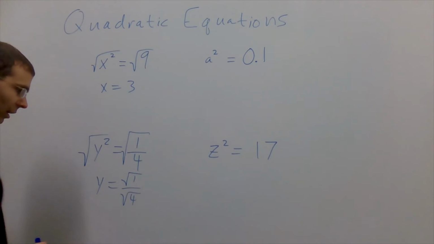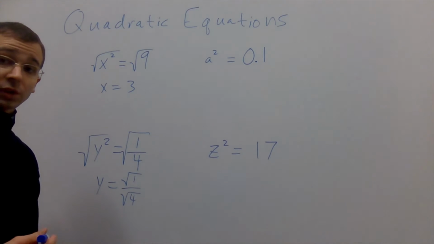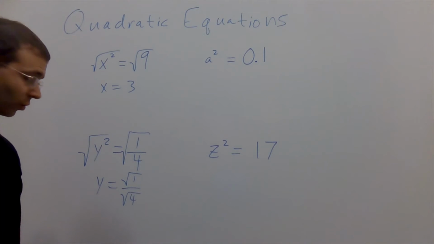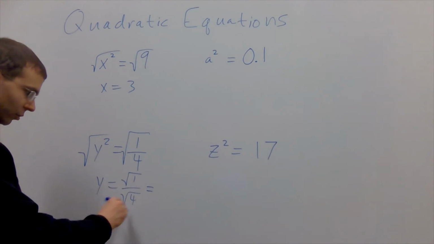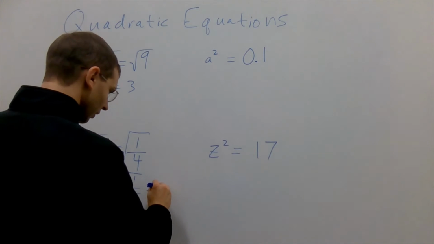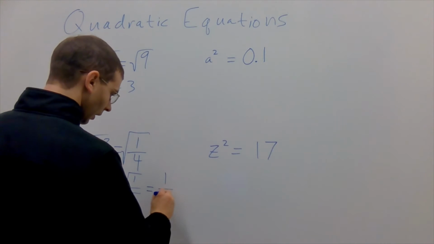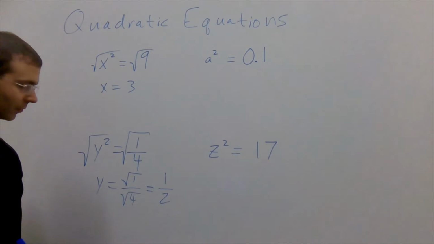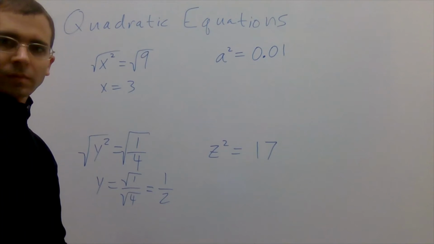The square root of a fraction is the fraction of the square roots, and that can all be shown from using exponent rules and so forth, if you like. And from here, then, we can use our knowledge of perfect squares to see that the answer is 1/2. All right. So y equals 1/2. Again, that's the principal square root.